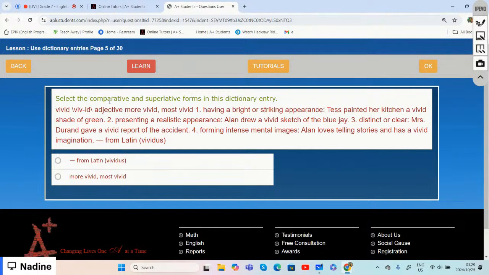So if we were to select our comparative and superlative form, we would say it is option two, more vivid and the most vivid. That is our comparative as well as our superlative form of the dictionary entry.